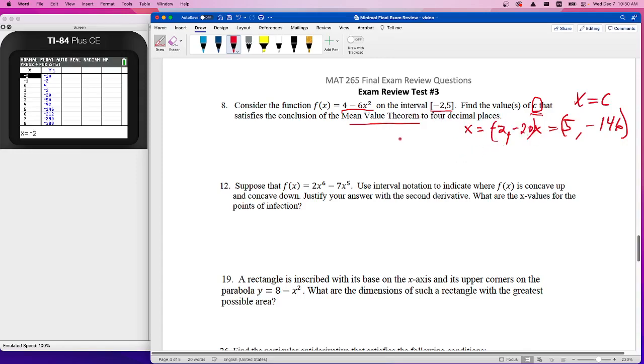So one thing we're going to do in the mean value theorem is get the average rate of change from -2 to 5. That means you take the y values in the top, subtract them, and you take the x values in the bottom and subtract them.